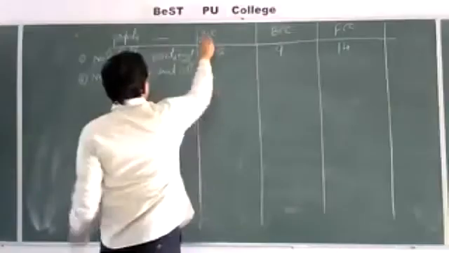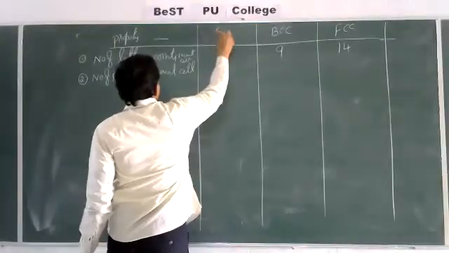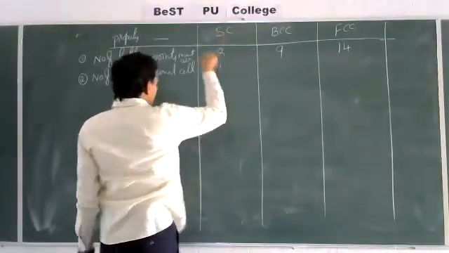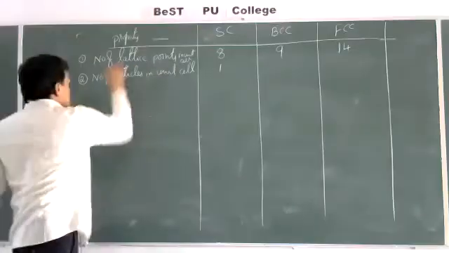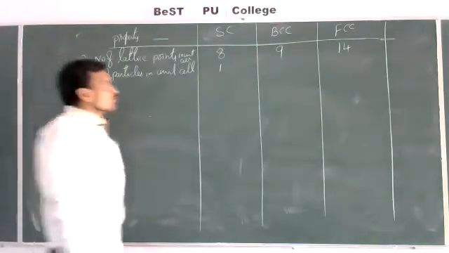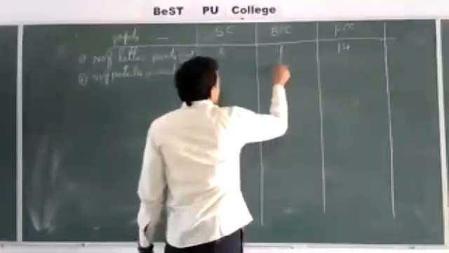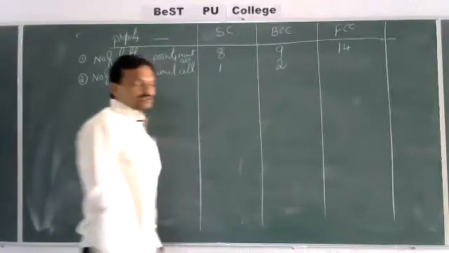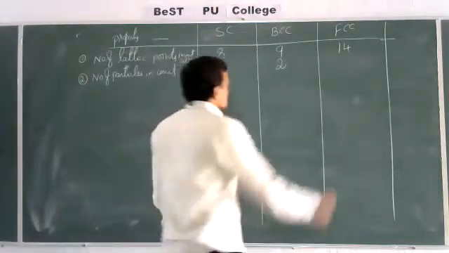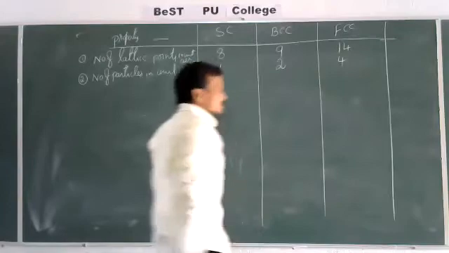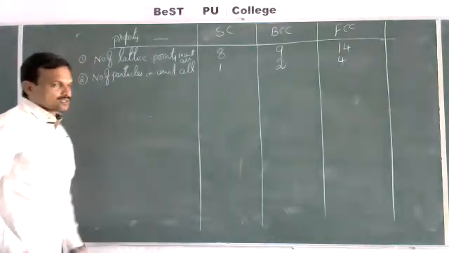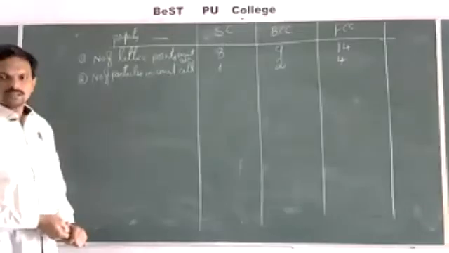As we calculated already, in case of simple cubic lattice, we got only 1 particle present in the unit cell, whereas in case of BCC, 2 particles are present in the unit cell. For FCC, 4 particles are present in the unit cell. This is the number of particles present in unit cell.